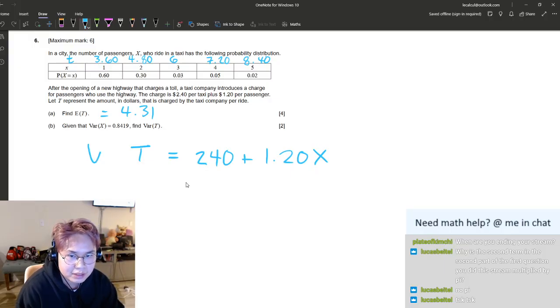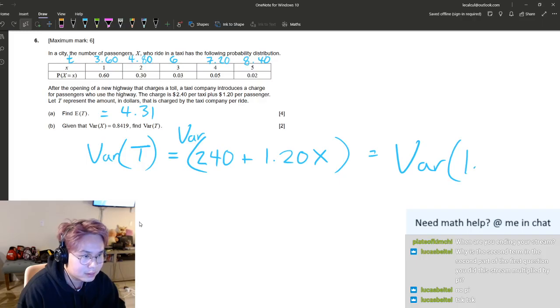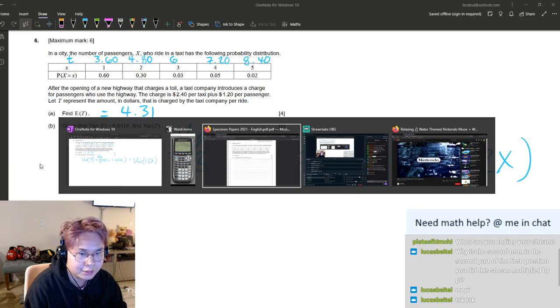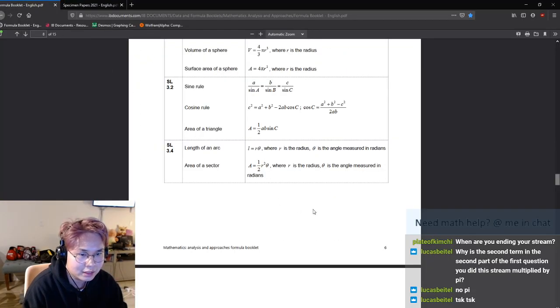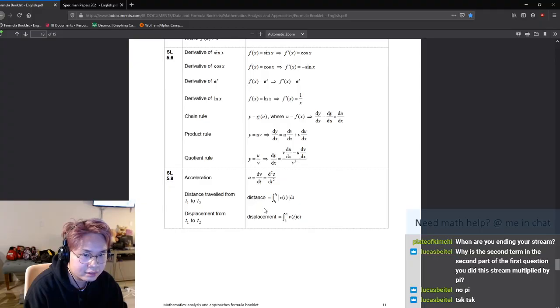So finding the variance of this is essentially the same as finding the variance of this. Adding a constant amount doesn't affect the variance, so essentially I just need to find the variance of 1.2x. According to your formula book, I'm pretty sure they tell you how to calculate changes in variance.